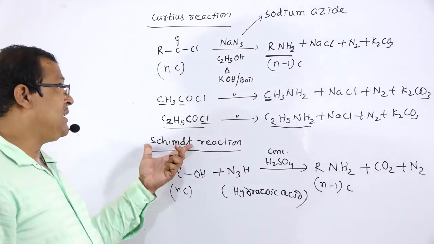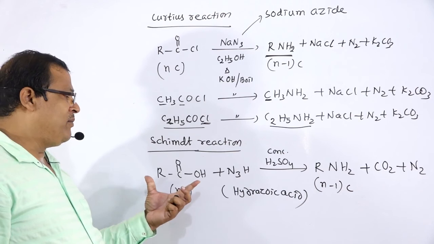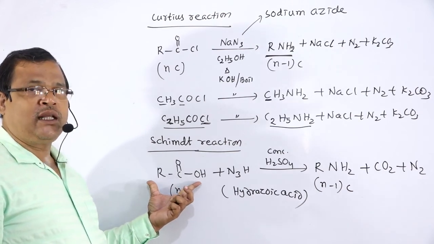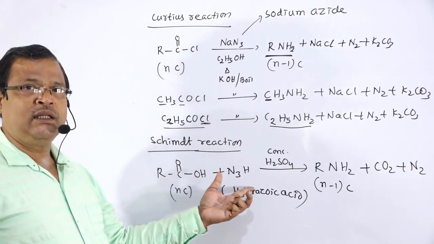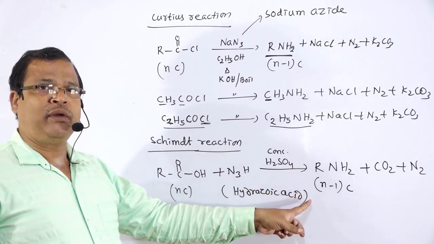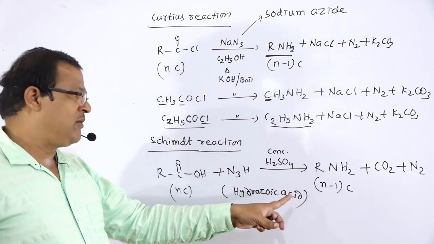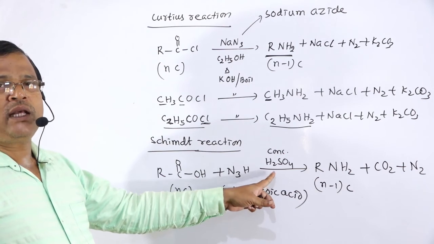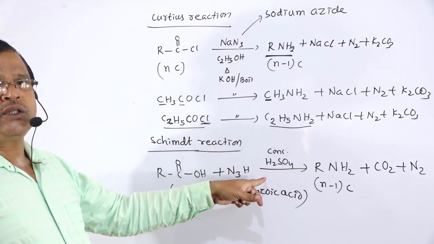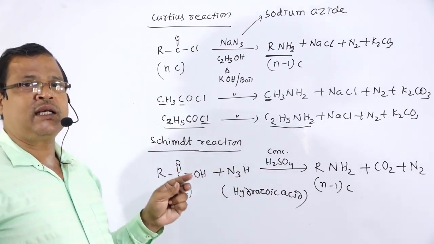So what is the Schmidt reaction? Whenever carboxylic acids are treated with hydrazoic acid, there is the formation of an amine with one carbon atom less. The reaction is carried out in concentrated sulfuric acid. What is the Curtius reaction?